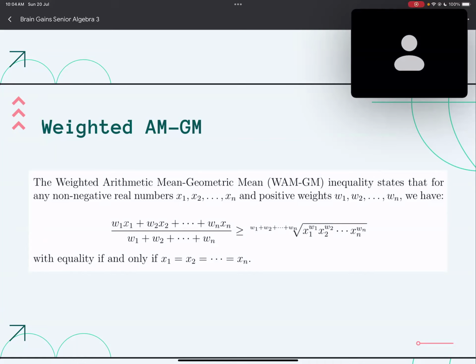So if you multiply each xi by its corresponding weight, wi, and then you add them together, and then you divide it by the sum of the weights, then this inequality is true. And once again, equality holds when all the terms are equal.